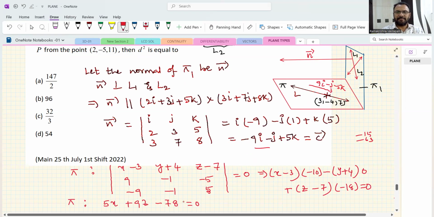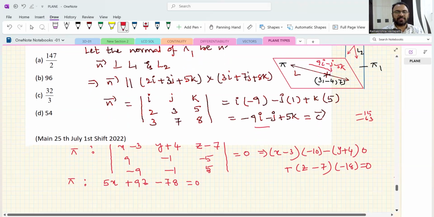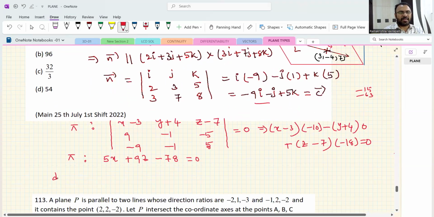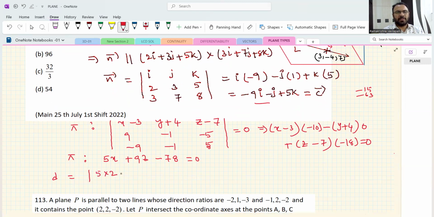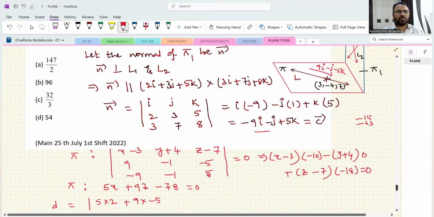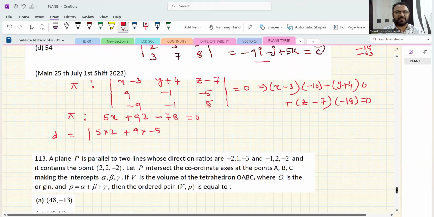All right. Now we need to find out the perpendicular distance from 2, minus 5, 11. So perpendicular distance is equal to modulus of 5 into 2 plus 9 into minus 5. Okay, sorry. There is no y, only z is there. So z is 11.